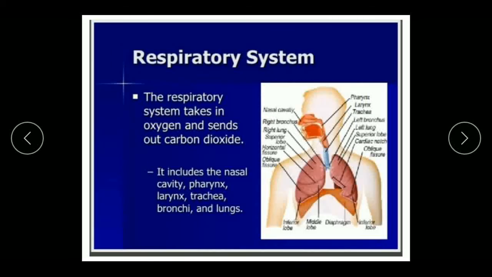Next system, respiratory system or respiration. The respiratory system takes in oxygen and sends out carbon dioxide.